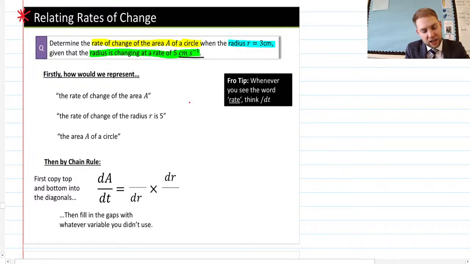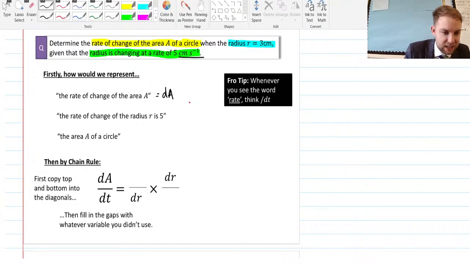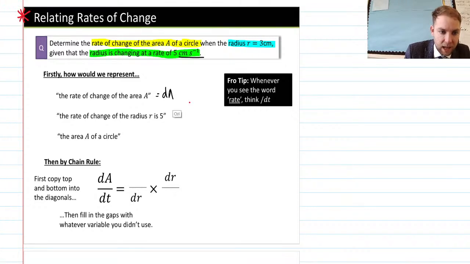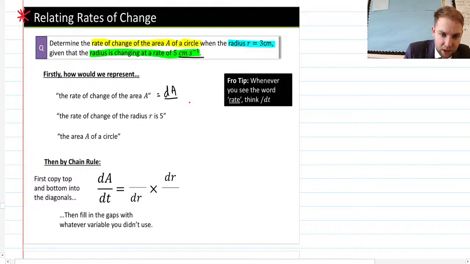So the rate of change of the area, first of all, let's write down what that's equal to. So the rate of change of the area is equal to dA by dt. Now the rate of change means how is this changing in terms of time? Not in terms of the radius. And this is important actually.